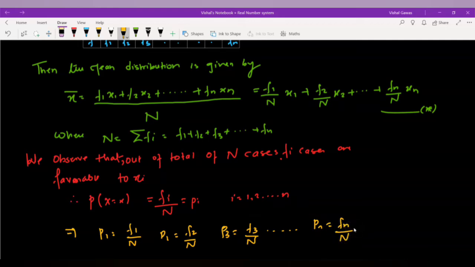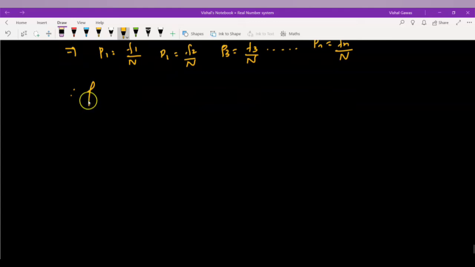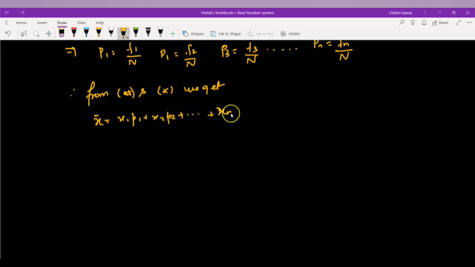Hence, from hash and star we get x bar is equal to x1 p1 plus x2 p2 so on plus xn pn. And what is this? What was this? This was mean, right?